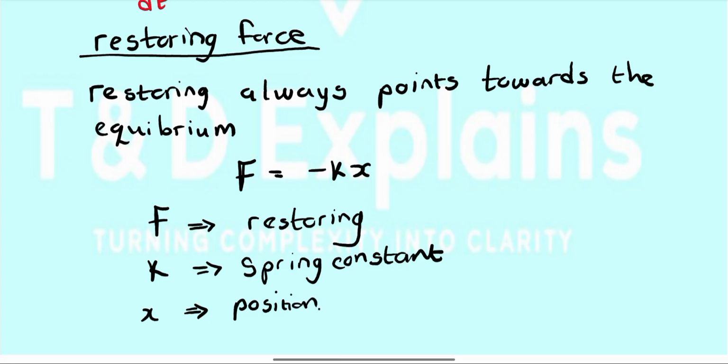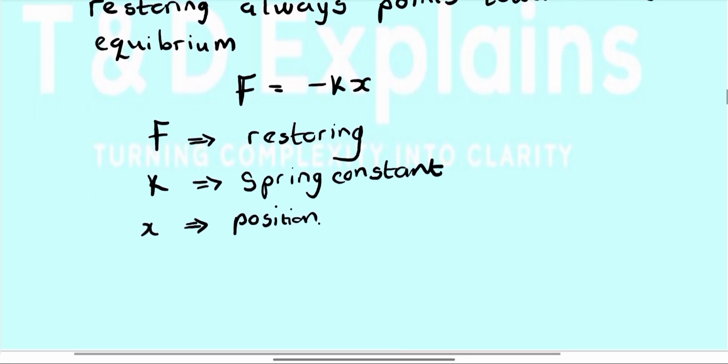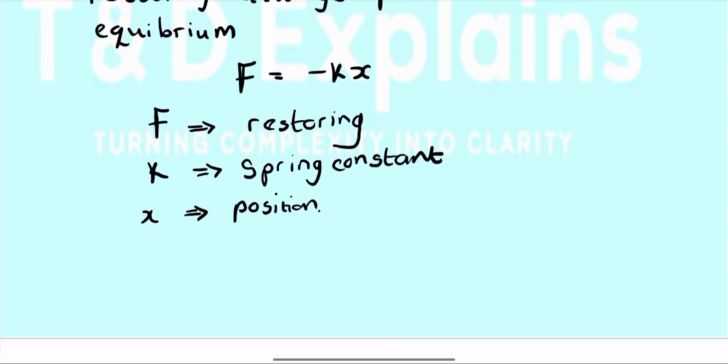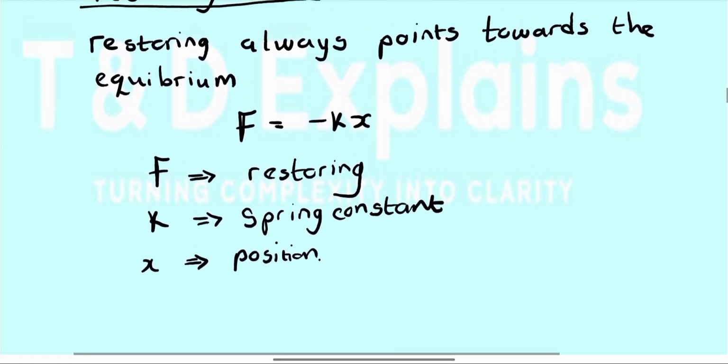The negative sign comes from the fact that the force is opposite from the displacement. I've already explained above that the force is opposite to the displacement. This is basically Hooke's law for a spring, but it applies to simple harmonic motion. So in simple harmonic motion, the restoring force is directly proportional to the displacement as shown.